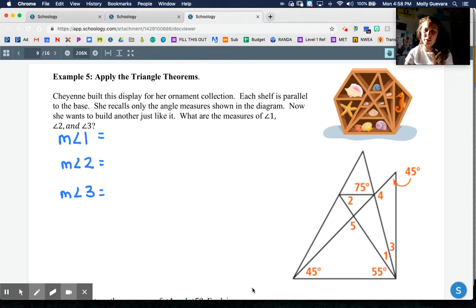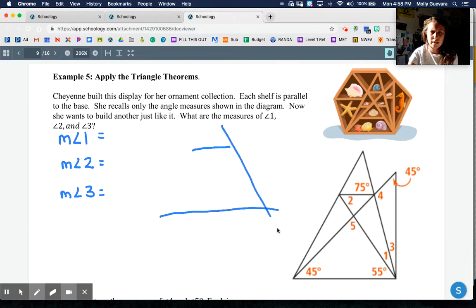So the first thing that I kind of picked out is that the shelves are parallel. I'm going to draw the full base and this little shelf. And I have a line coming down like this. So let's kind of clean this up a little bit so we can see. So all I did was draw this.